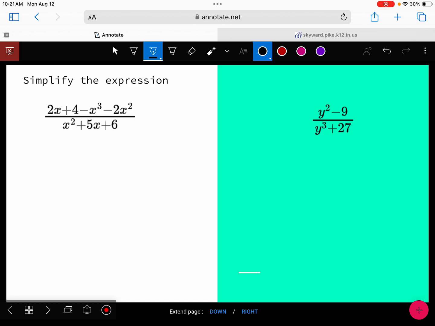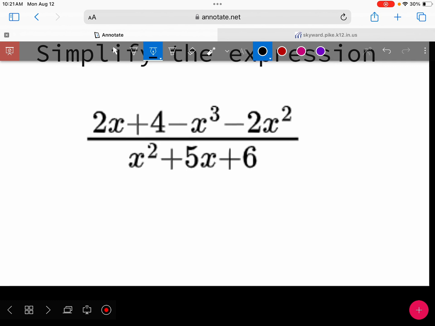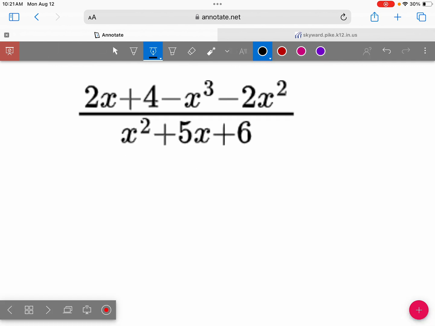So we're going to look at some more. Here's the next one. I think this is probably the grossest one today. We've got 2x plus 4 minus x cubed minus 2x squared as our numerator, and x squared plus 5x plus 6 as our denominator.